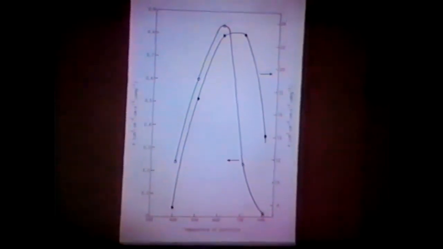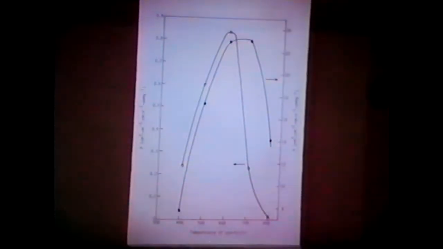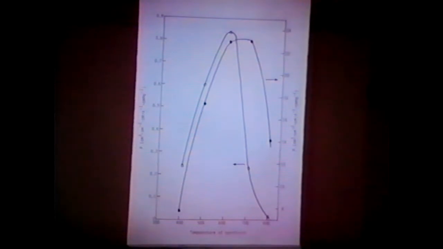The asymmetric layer has 1,000 angstrom. So even so, if we normalize to the width of the membrane, for some molecules we are better by 1 order of magnitude. For some molecules we are the same.